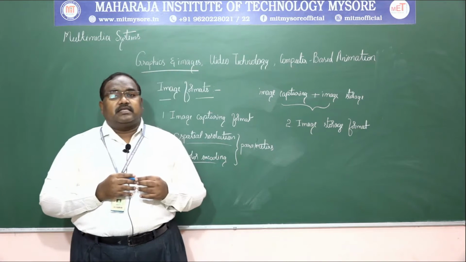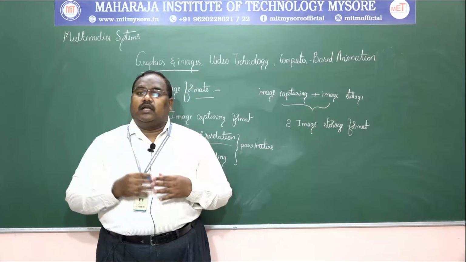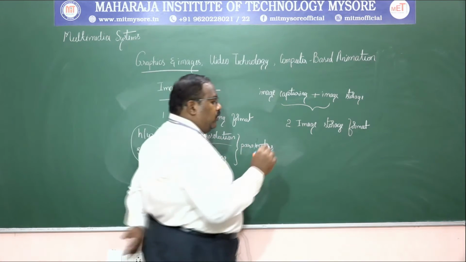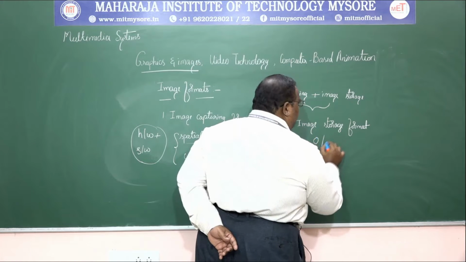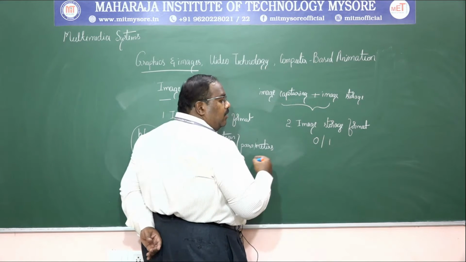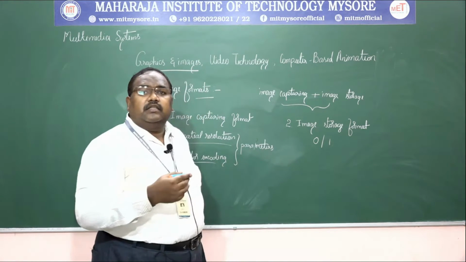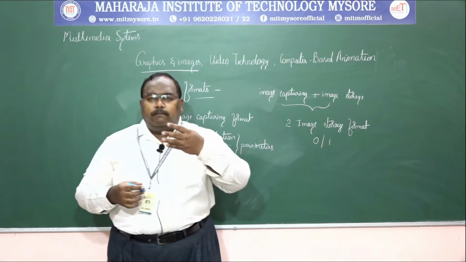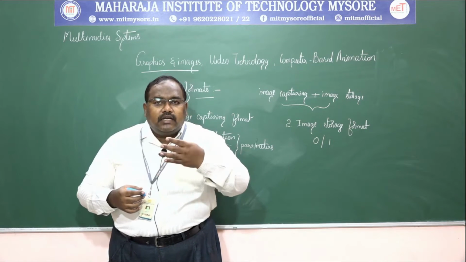In color images, these values can be one of the following. See, it is very clear. If you want to represent black and white, 0 or 1 is sufficient. But how do we represent the color? When you talk about the color representation, it comes into four categories.